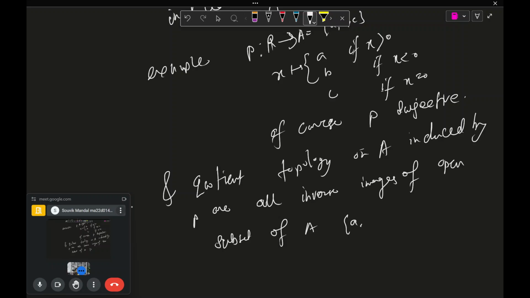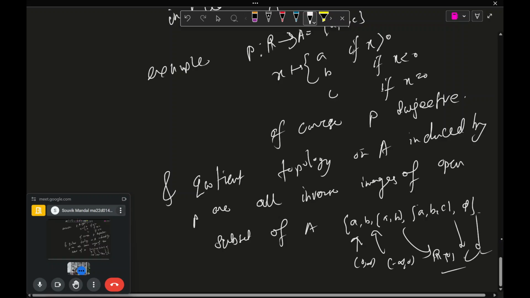These are the empty set, {a}, {b}, {a, b}, and A. {a} is the inverse image of (0, infinity). {b} is the inverse image of (minus infinity, 0). These things are anyway open. So this is how we can define the quotient topology with respect to which the given map is the quotient map.